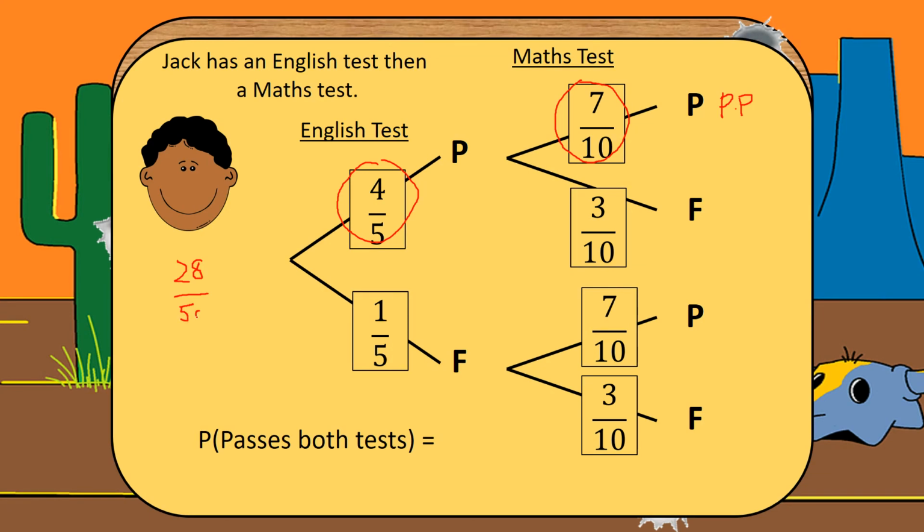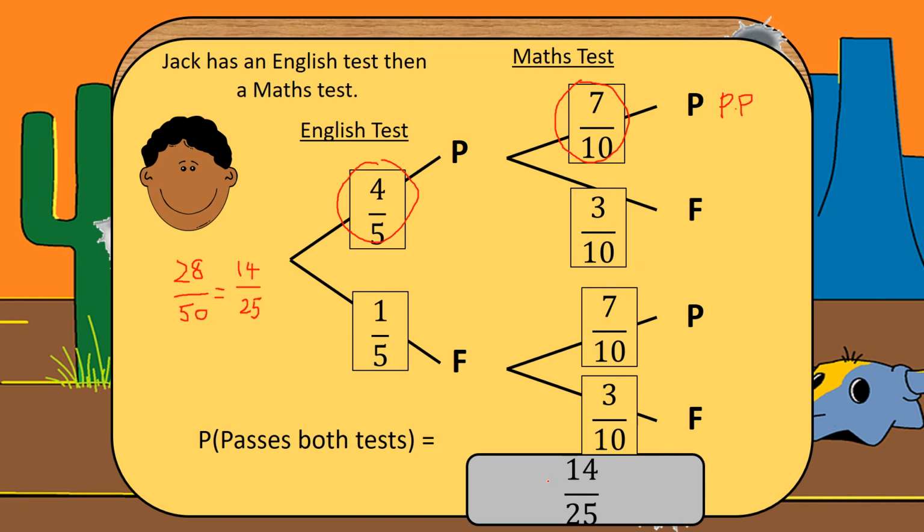Do you spot something here, though, that we maybe should do with that fraction? Can we simplify it? And what does it simplify to? Yeah, you're right. 2 will go into both of those numbers, won't it? 28 can be divided by 2 to get 14. 50 can be divided by 2 to get 25.